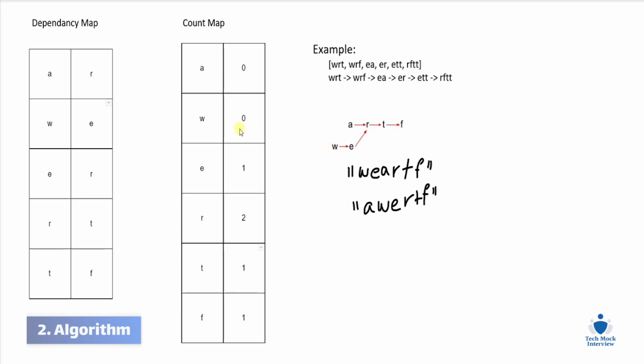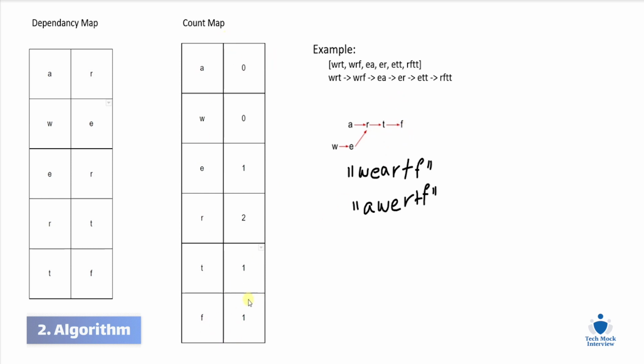We put a 0 in the count map, but for E, because we have a dependency, W, we have to put 1. For R, because we have 2 letters that are going to R, we put a 2, and for T it's 1, for F is also 1. So this is the count map.